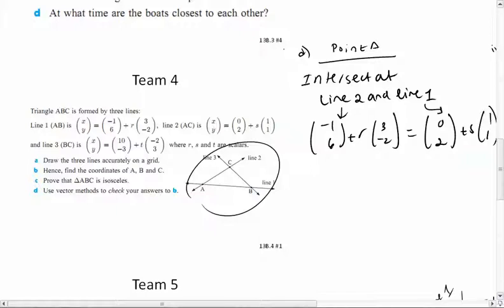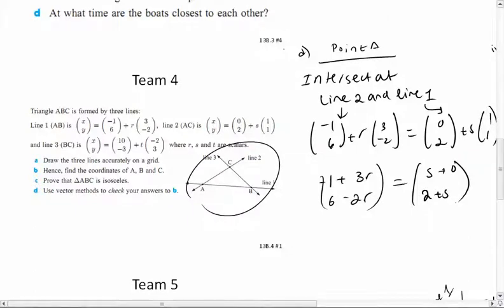So we made the two lines equal to each other, and then you just do minus 1 plus 3R equals S plus 0, and 6 minus 2R equals 2 plus S, and then you put them into equation form.